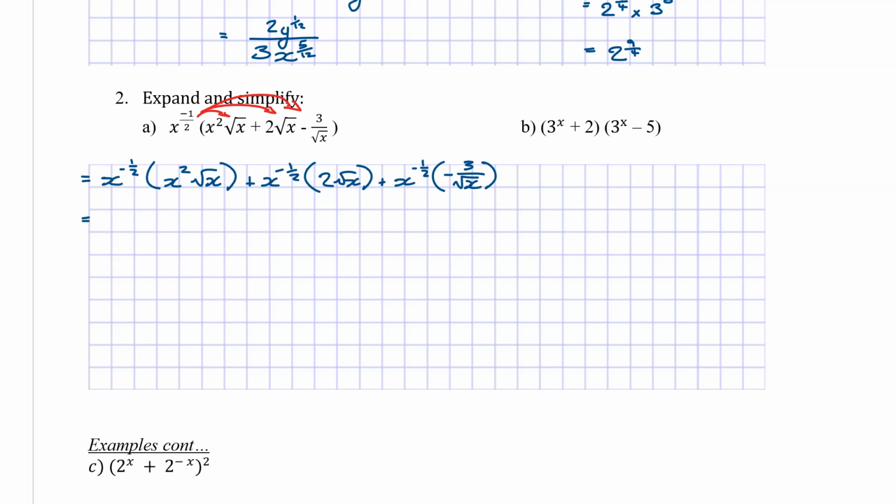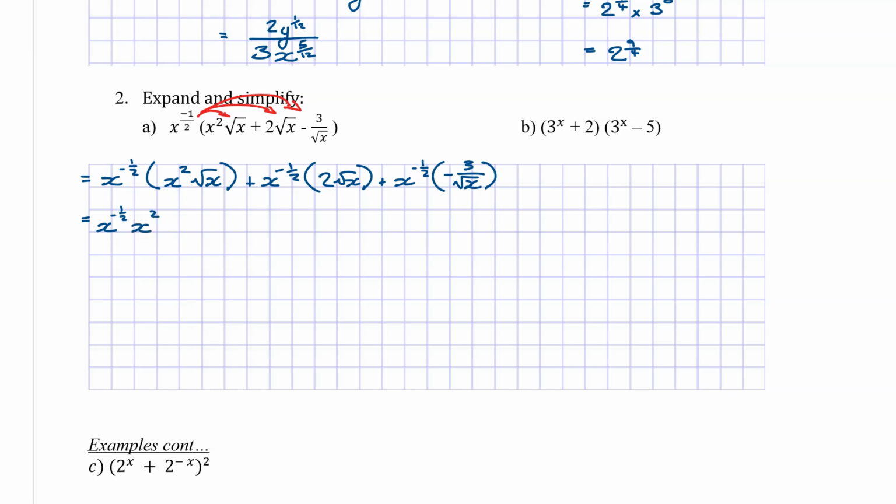Now, simplifying that out, we're going to get x to the negative a half. And rather than dealing with all of these in the parentheses, I'm going to bring them out of the parentheses. And I'm also going to express everything as an index. So I'm going to get rid of all of these radical symbols.